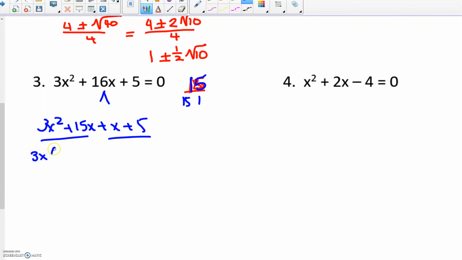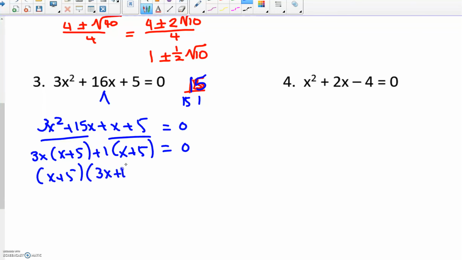So that's 3x times x plus 5 plus 1 times x plus 5. So then it's all equal to 0 over here. And so then I get x plus 5 times 3x plus 1 is 0. So x plus 5 is 0, and 3x plus 1 is 0.